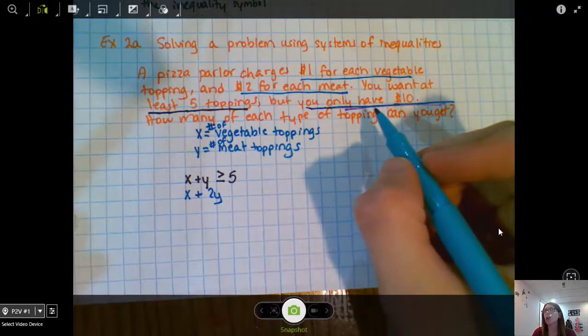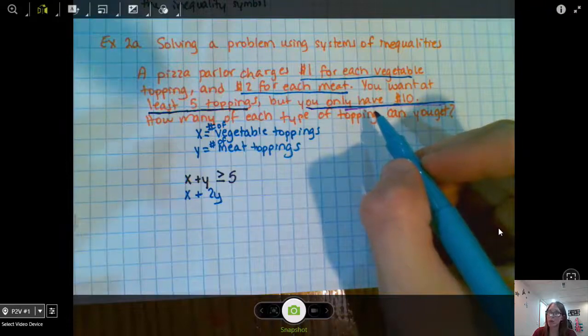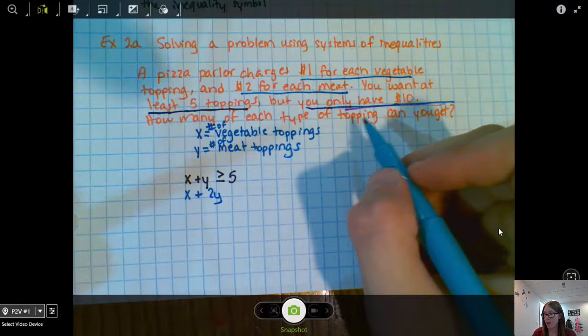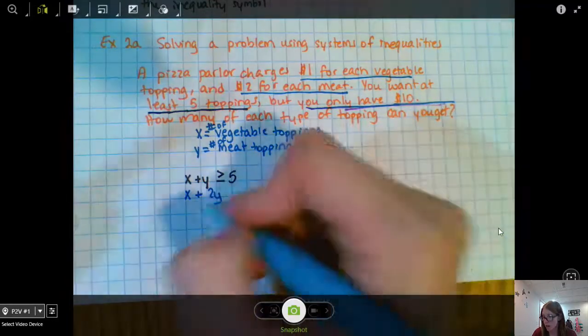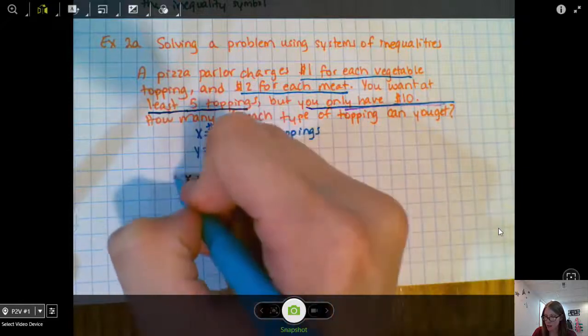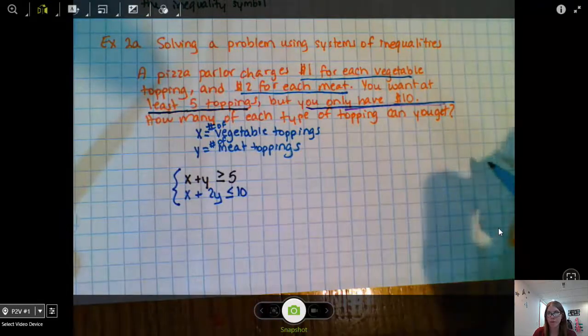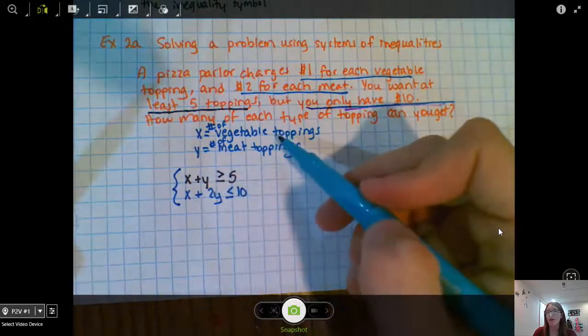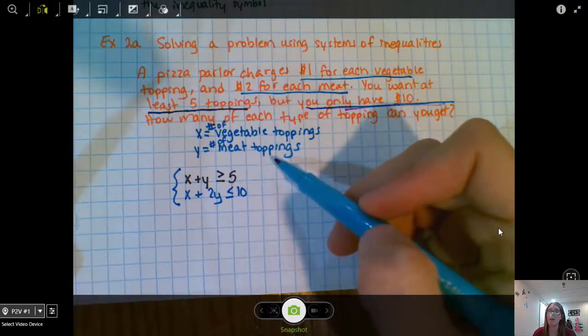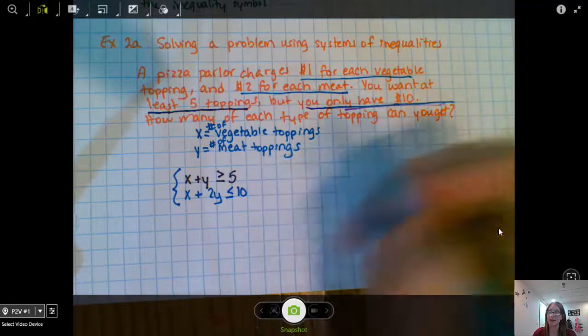So let's think, could we spend $10? Yeah. Could we spend more than $10? No, we only have 10. Could we spend less than $10? Sure. So x plus 2y is less than or equal to 10. And you totally could have said that x was your number of meat toppings, y is your number of vegetable toppings. That's okay.